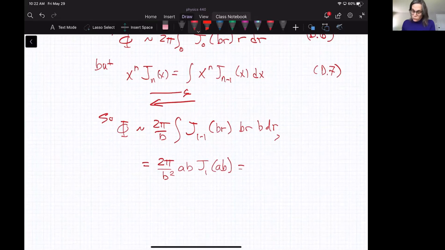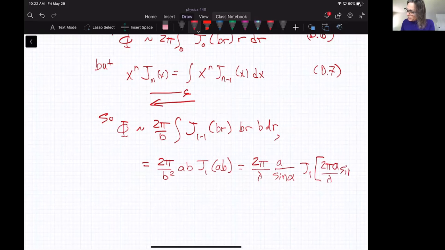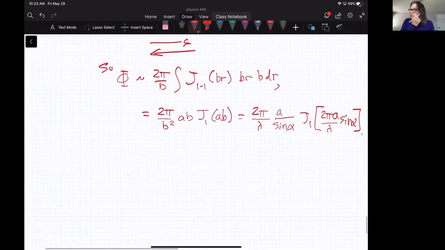Again, just going through all of these substitutions, the wave number 2 pi over lambda times a sine alpha times J1 of 2 pi a over lambda sine alpha. Okay, so that's the solution to this problem for a given aperture, right?